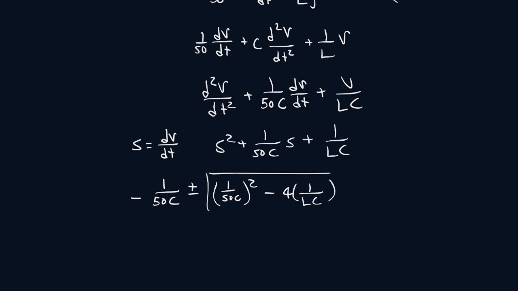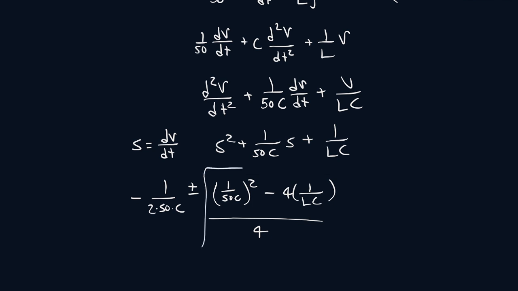I can break this up, and this region I can just call it 2 times 50 times C. This I can have the square root of 4, which is still 2, and I can represent all of this with just 1 whole square root. Now I can break this up into 2 slots.